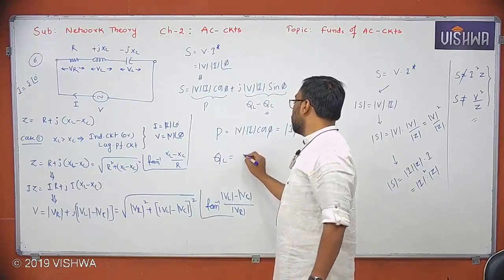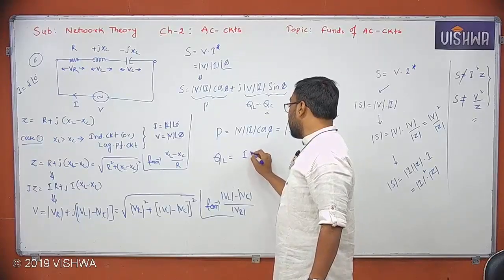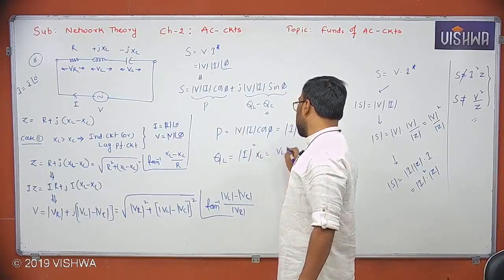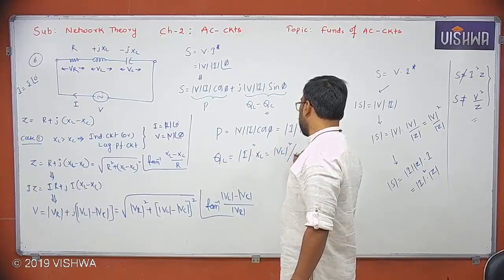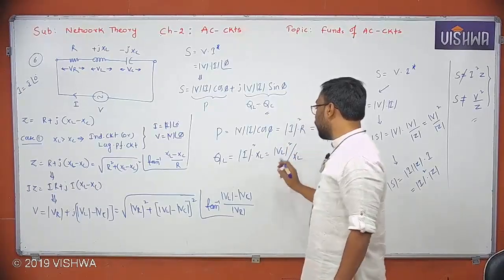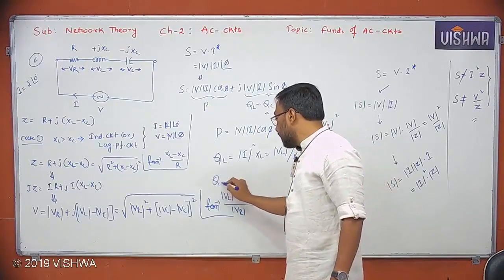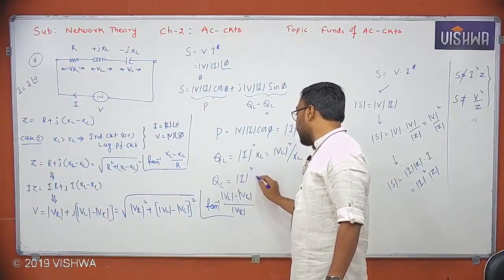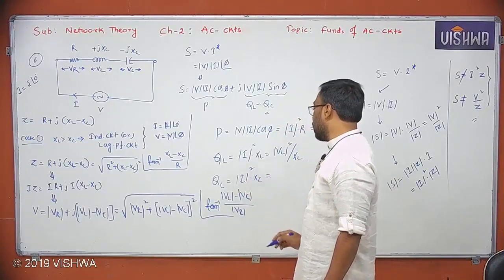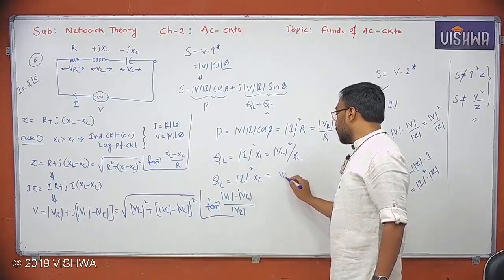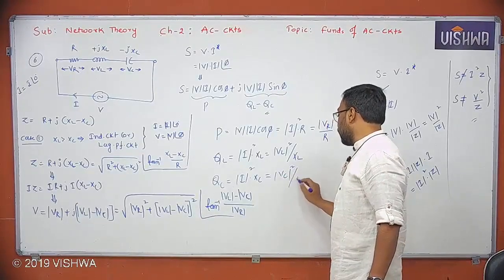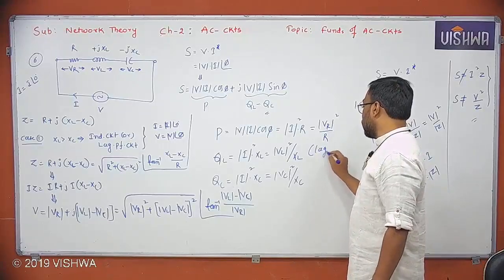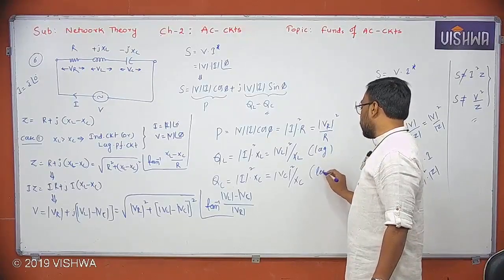QL is IL square XL or VL square by XL. I hope you understand the importance of these formulas. QC is equal to IC square XC, but IC, IL, IR all are same, or VC square by XC. Getting all of this? QL is the lagging reactive power. QC is the leading reactive power.